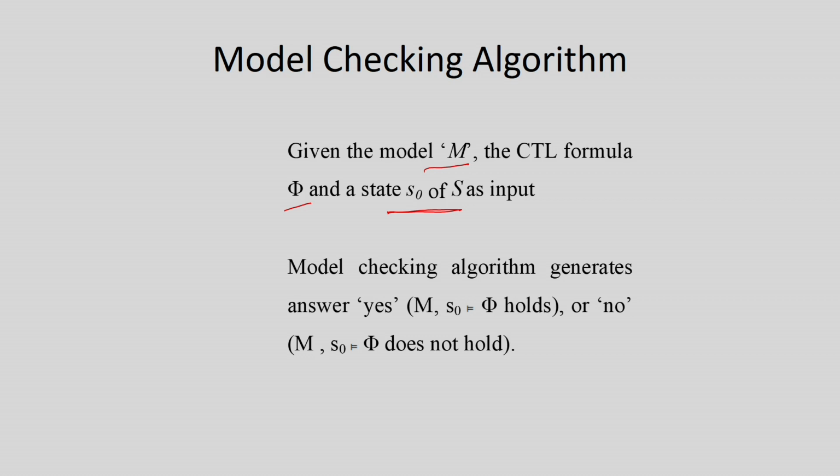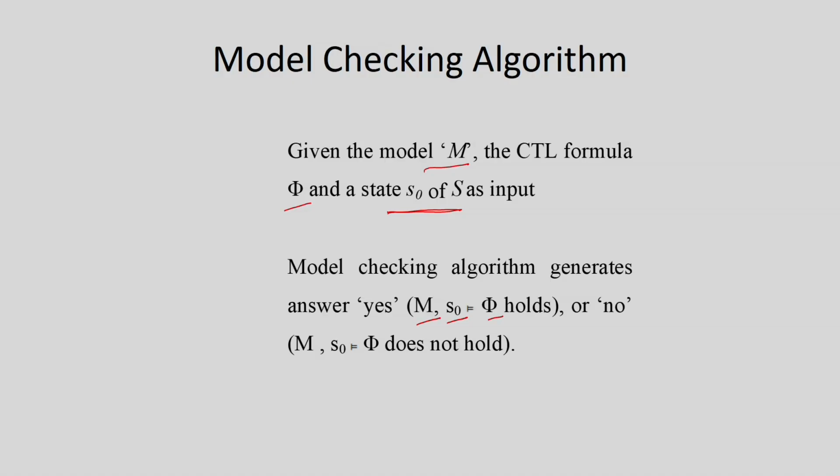These three will be input to our model checking algorithm. So what does the model checking algorithm say? It gives me yes if the property phi is true in the state S0 of model M, or otherwise it says no if this property does not hold in that particular state S0 of the model M.